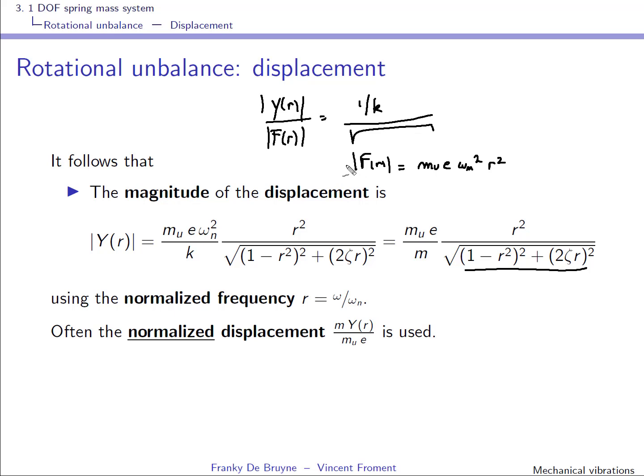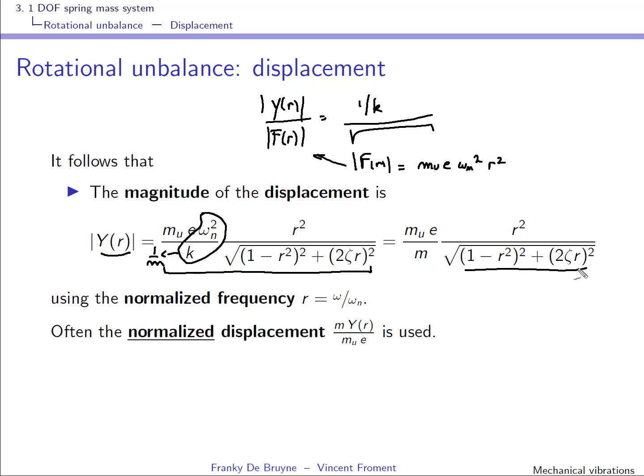So if we inject that over here, this is the expression that you obtain for the magnitude of the displacement, and then you can observe here that this quantity here is equal to 1 over m.